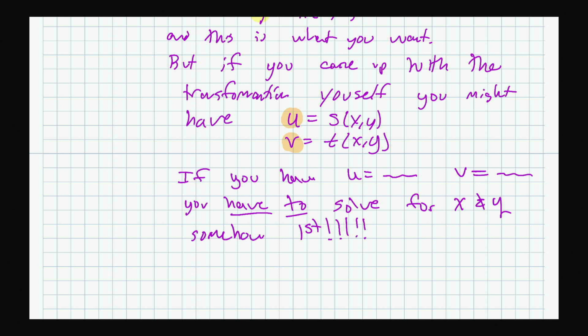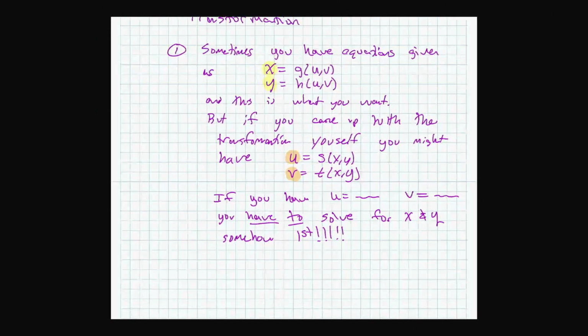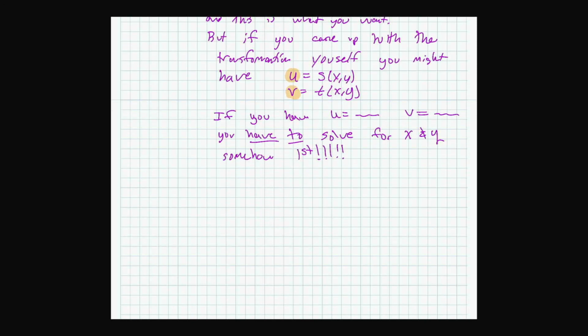Lots of exclamation points, because if you forget to do it, you can't do the problem. Okay, so that's just a note that I wanted to talk about first. Having said that, actually finding the Jacobian, if they give you your equations in the correct form, there's not going to be anything to it. So do not stress too much here.